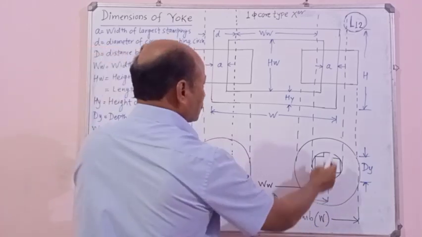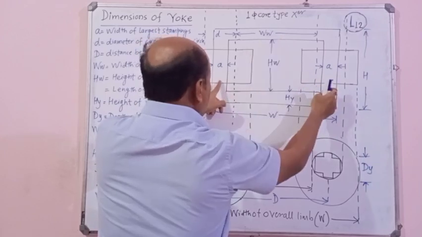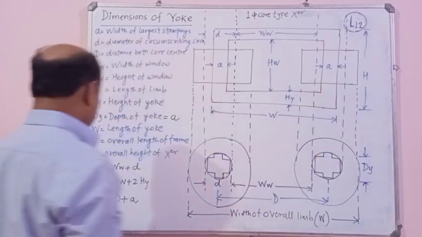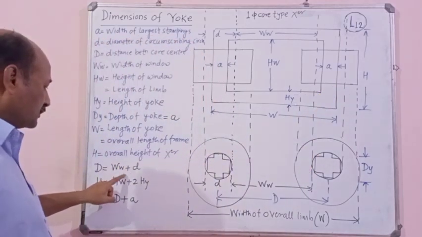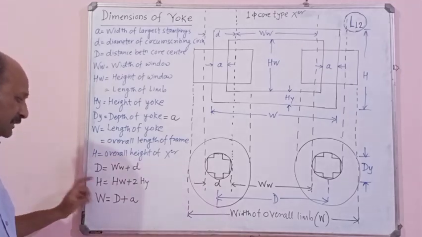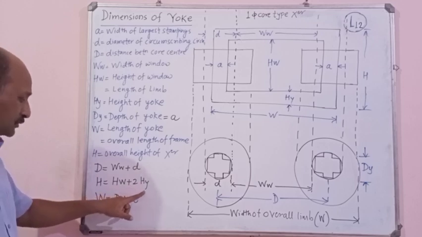So the distance between the core centers is equal to the width of the window plus half of d and half of d, which becomes d. That is, D equals the width of the window plus d. Then capital H is the height of the window plus 2 times the height of the yoke.